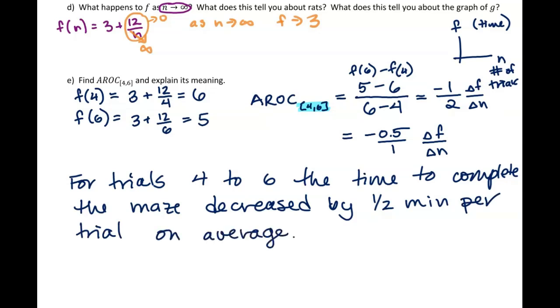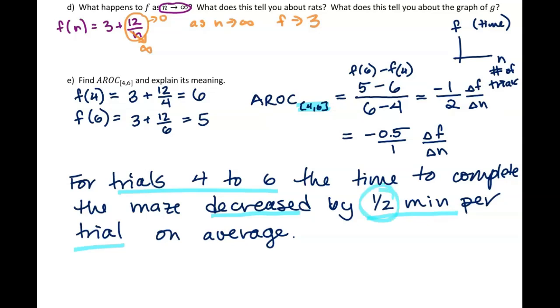Your wording doesn't exactly have to mirror this, but I just wanted to write it down so I could highlight some of the really important things here. Mention the interval that you're working on. Make sure that you mention increasing or decreasing and by how much per what, and make sure you include numerical values and units.